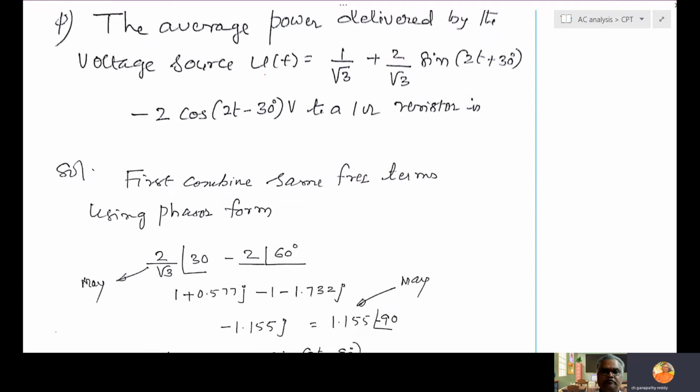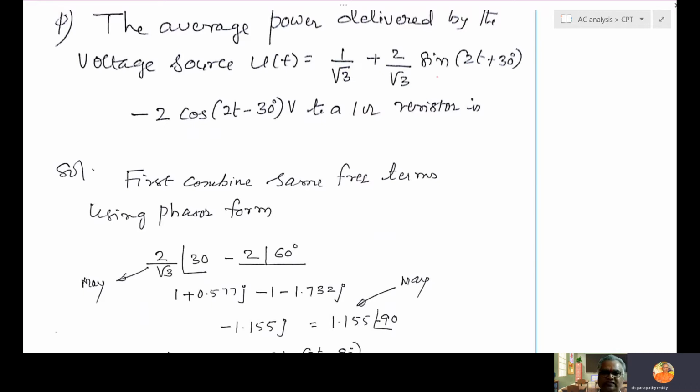So RMS is important here. Power is nothing but V square by R, but that V is the RMS. To find the RMS, all are not having the same frequency, and all are not having different frequencies. That is the beauty of this problem. The DC signal frequency is 0, but these two AC signal frequencies are the same, that is 2.